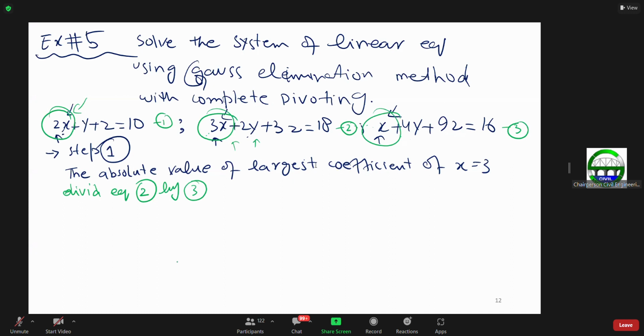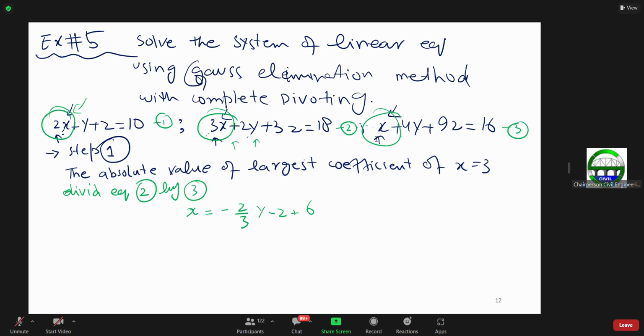So x will be equal to minus 2 by 3 y minus z plus 6.